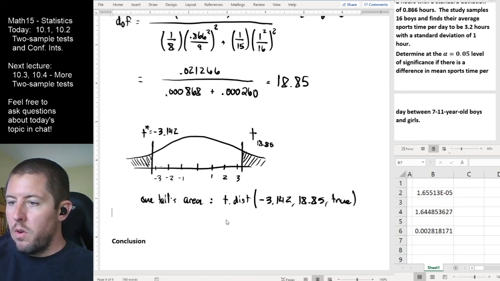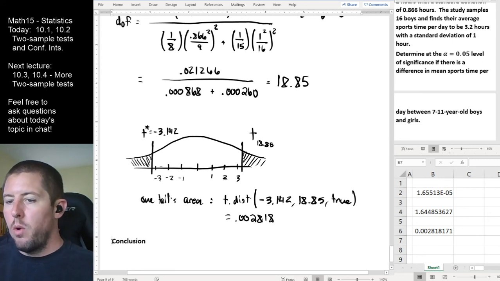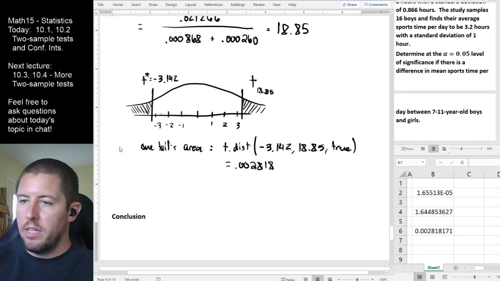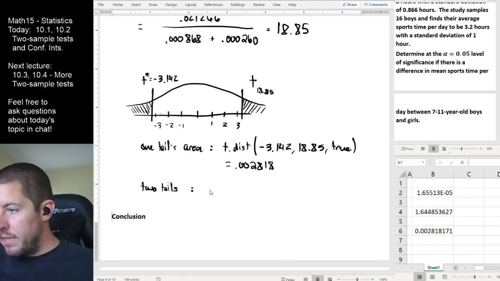And this is going to be equal to 0.002818. So to get two tails' area, we can just go ahead and multiply that by 2, because we know that this is a symmetric distribution. So let's just multiply this number by 2 here.